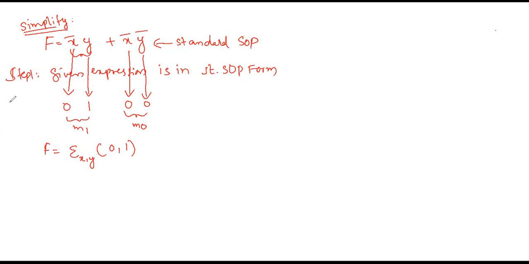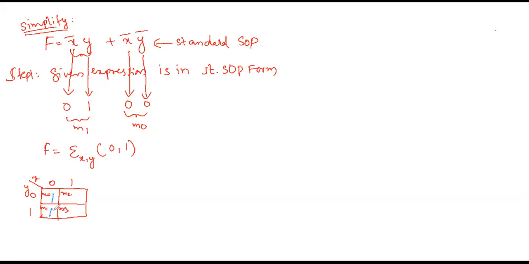Now apply this to the K-map, a two variable K-map, with cells m0, m1, m2, m3. Wherever the minterms are present, keep those boxes as 1: m0 and m1.